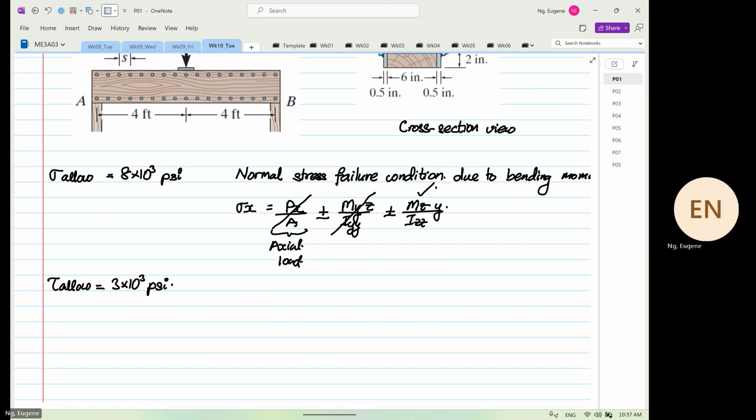Okay. So from here, we know that we are going to find the shear stress failure condition, due to what?